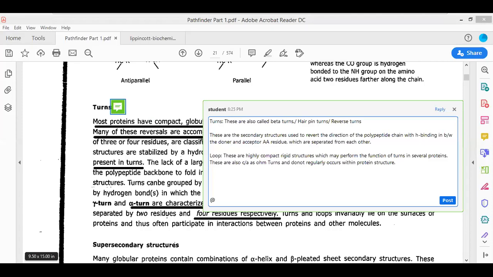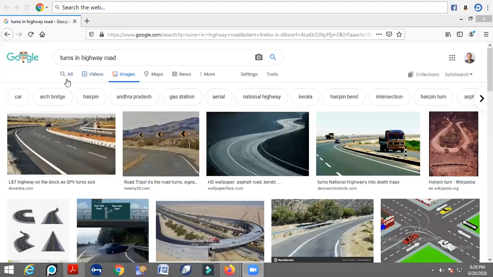I'm going to show you certain things that you can recognize. Now see this, how can we describe the turns and the loops? This is a national highway.